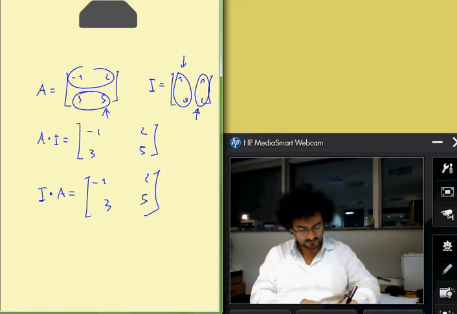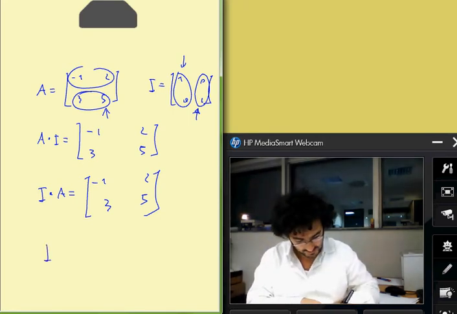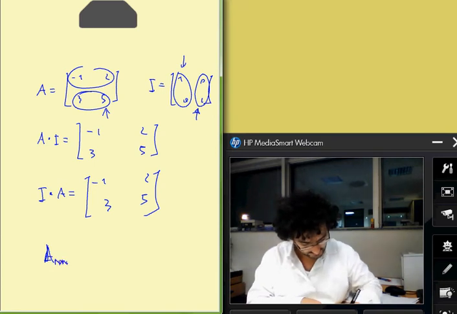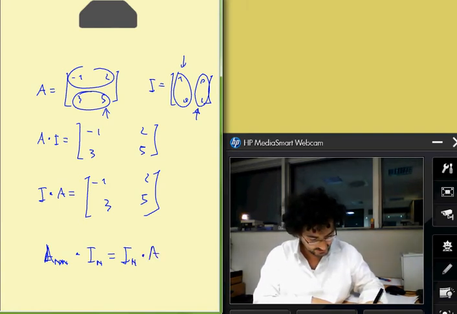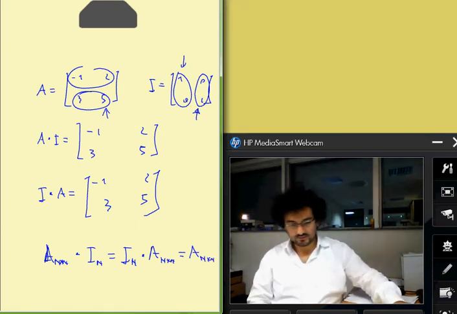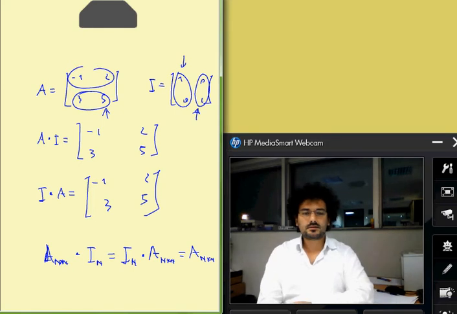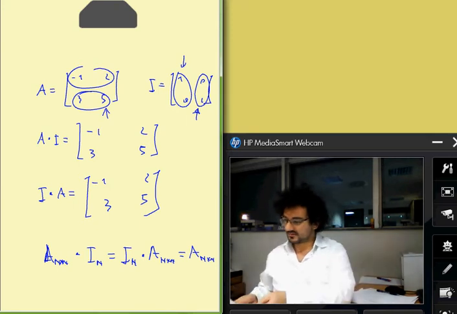So in this case we can say that A n by n in general multiplied by I n, which is an identity matrix n by n, is equal to the identity matrix of dimension n multiplied by the square matrix A n by n, and this is always equal to A. We say in mathematics that the identity matrix I is the neutral element with respect to the product between two matrices.